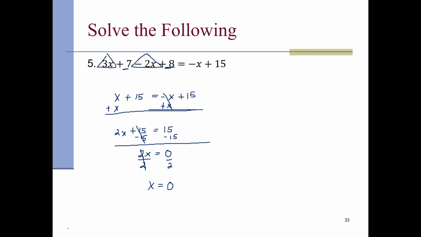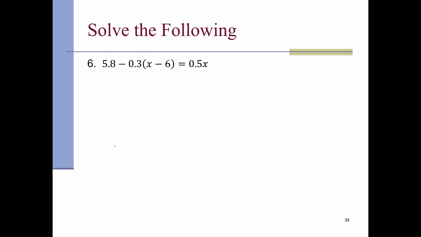Let's look at a couple more examples and again refresh some of those details that come up in equation solving. So in this problem, I do see parentheses, and I know that I have to do them first. When I distribute, make sure you're distributing the sign along with the numbers. So I'll distribute that to the x and to the negative 6.